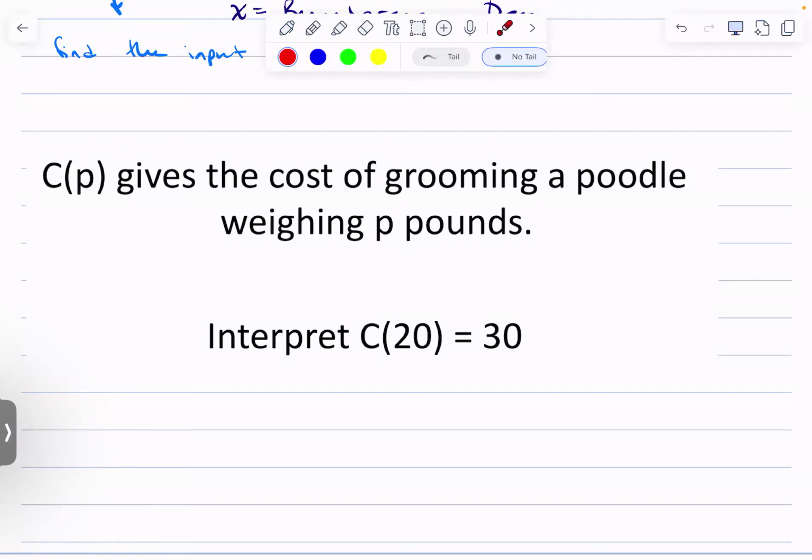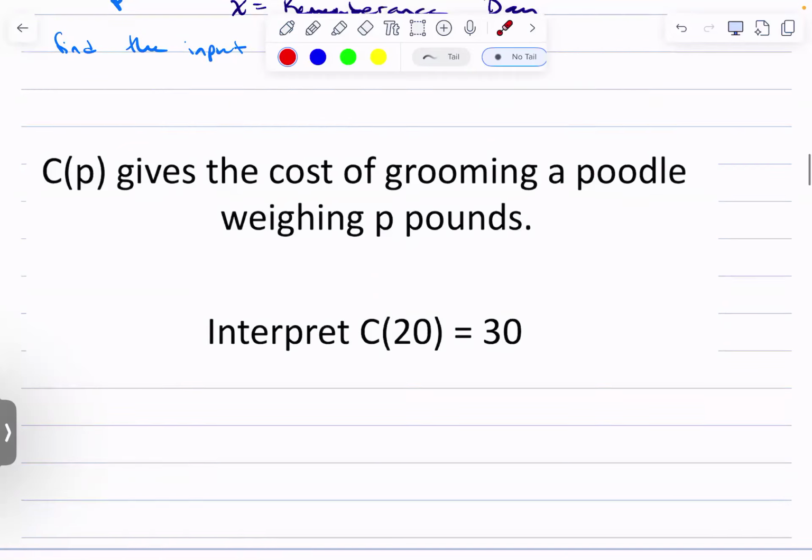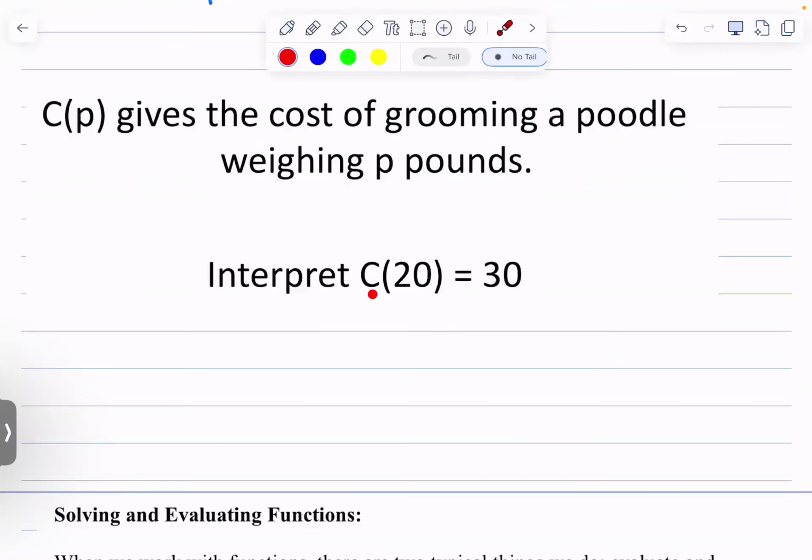The poodle is a decoy. So you have to interpret C of 20 is equal to 30. What does that mean if you had to put it into words? Well, the cost of grooming a poodle that weighs 20 pounds is $30.